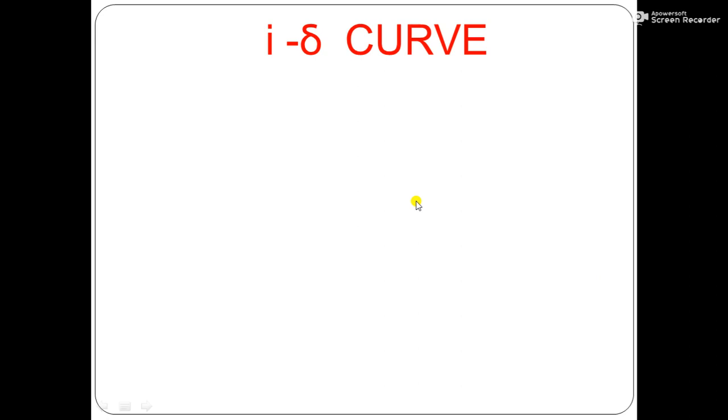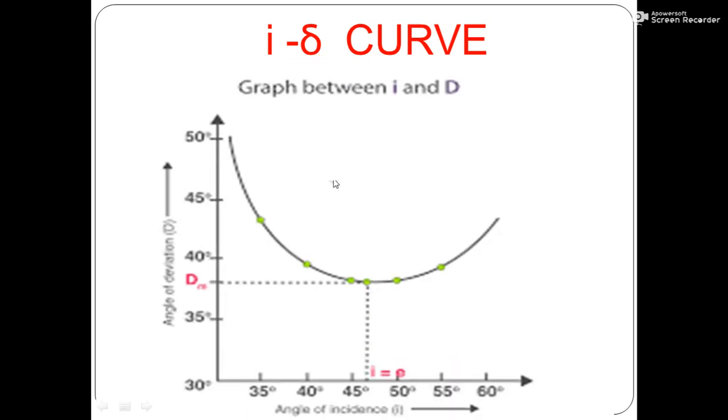That is the angle of incidence and angle of deviation curve, the i-delta curve. Angle of incidence is on the x-axis and angle of deviation is on the y-axis. And the angles are marked here.